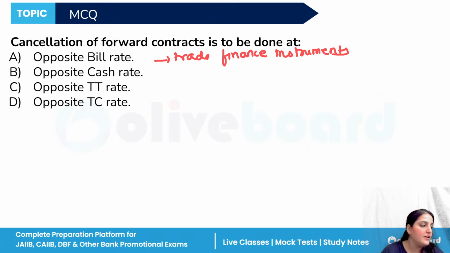If we talk about opposite cash rate, basically when a forward contract is cancelled, it is typically settled at the spot rate or current cash rate for the currency pair involved. Basically we can say that this allows the parties to neutralize the original contract by entering into a new transaction at the current market price.